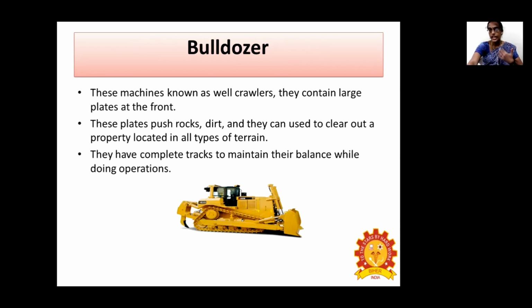It has a chain type mechanism for transport, and it contains a very large plate at the front only, which is used to push rocks and dirt. They can be used to clear out property located in rough terrains. Normally they have complete tracks to maintain their balance while doing operations, so they can balance their weight with these tracks.